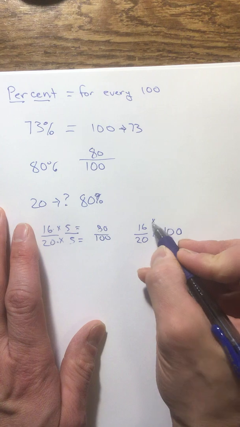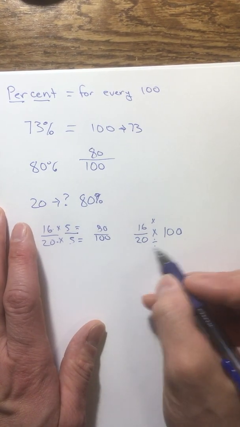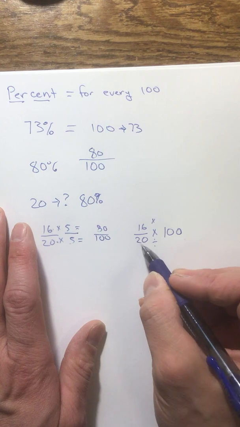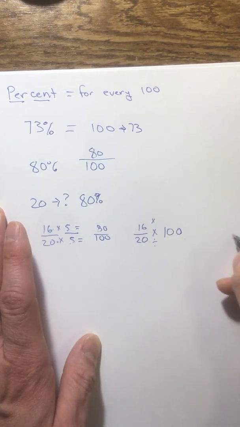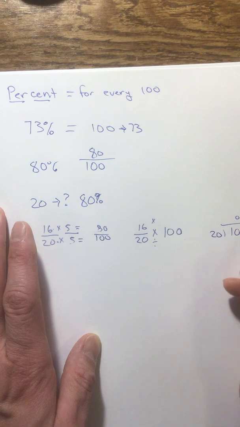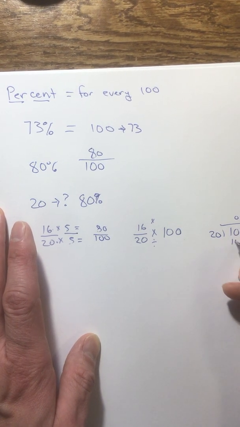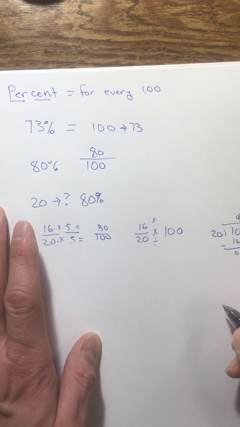I'm going to divide by the bottom first because I like to deal with small numbers. So 100 divided by 20: 20 goes into 10 0 times. 20 goes into 100 5 times. 5 times 0 is 0. 5 times 2 is 10. Subtract them. Got nothing. So I got 5.